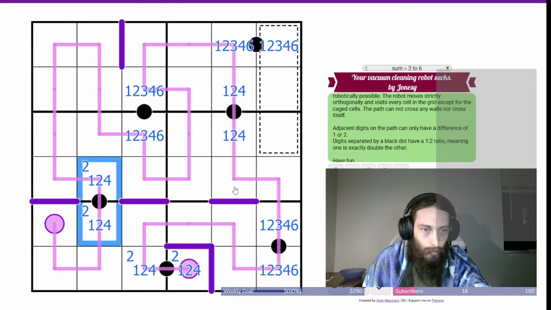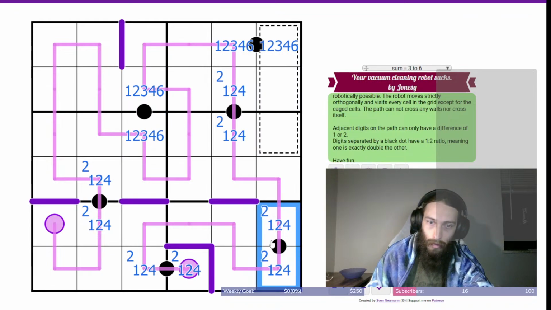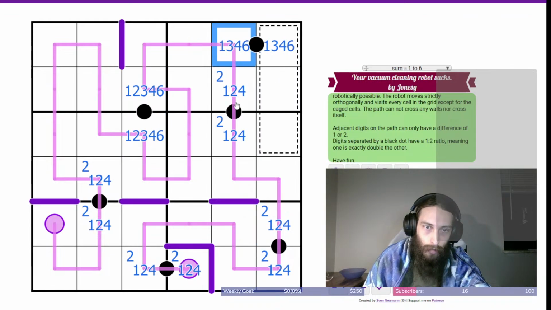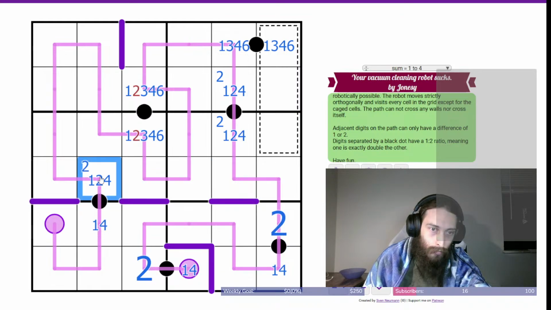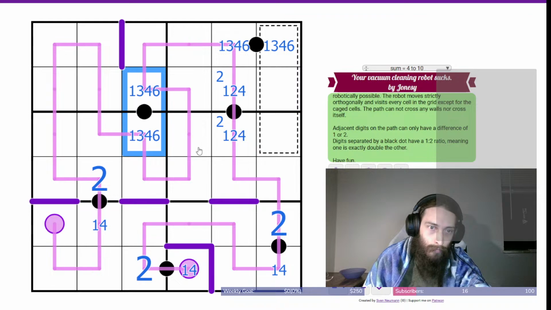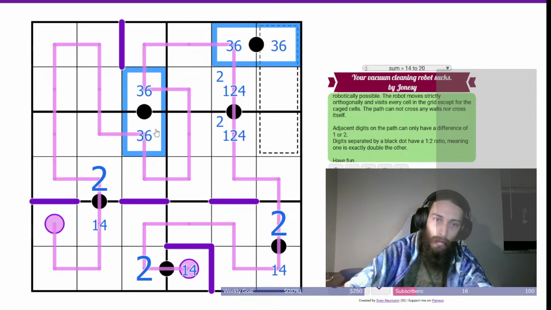So we have to have 2 there, 2 there, 2 there. Bottom right corner. Oh, right. And a 2 there. So that's not a 2. That's not a 2. Bottom right corner is not a 2 because of row 6. Right. And now these can't be 1 and 4.